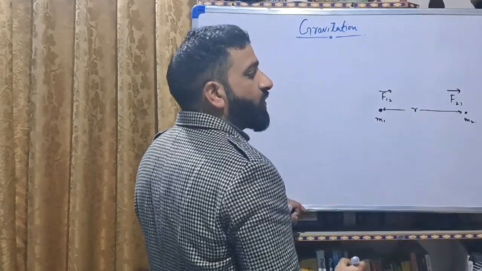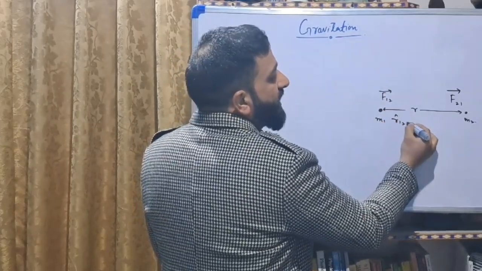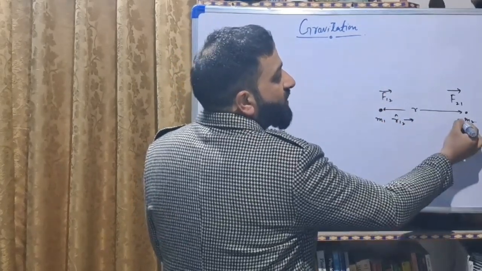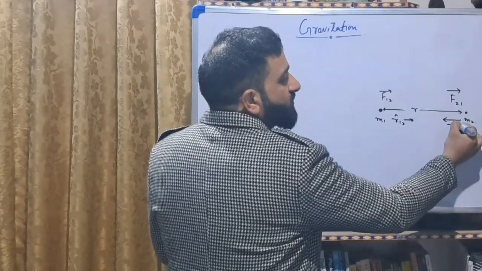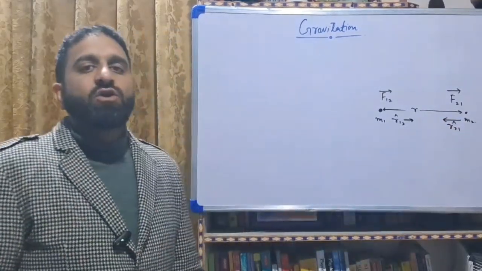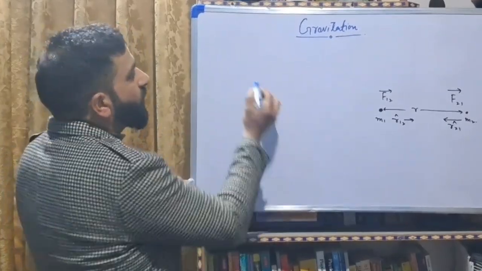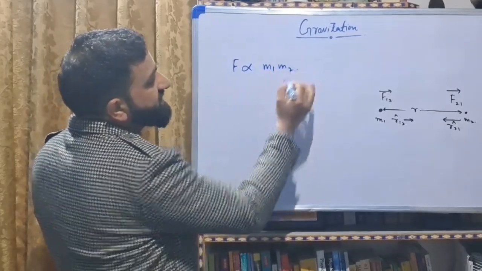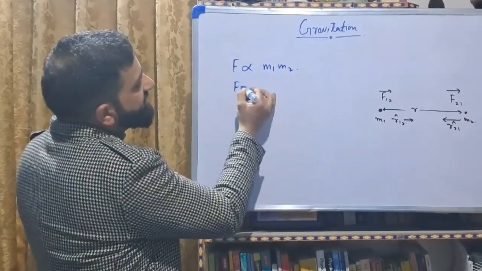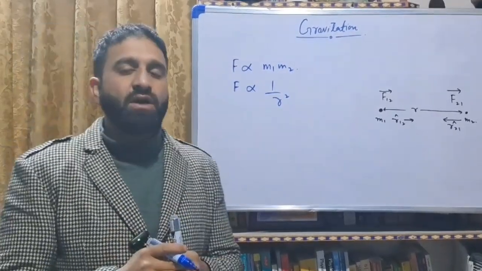Let the unit vector from 1 to 2 be given as r12, and the unit vector from 2 to 1 be given as r21. The universal law of gravitation states that the force is directly proportional to the product of the masses, that is m1 m2, and the force is inversely proportional to the square of the distance between the two bodies.